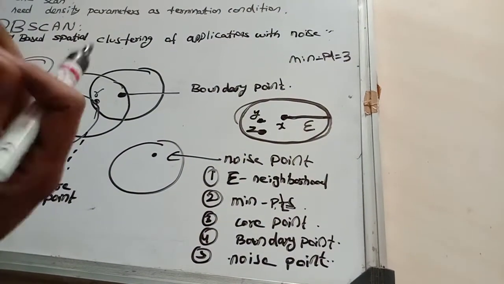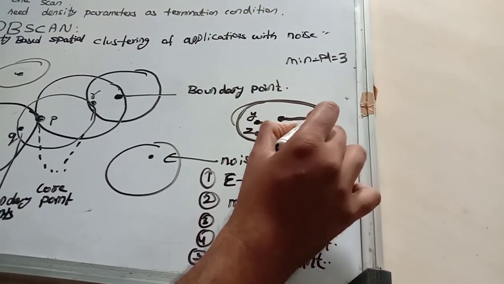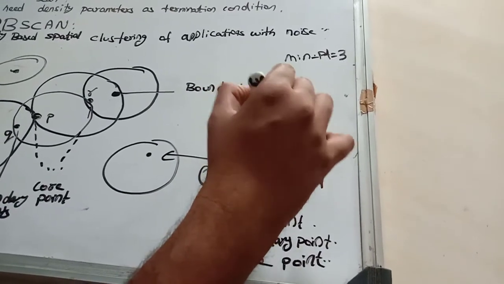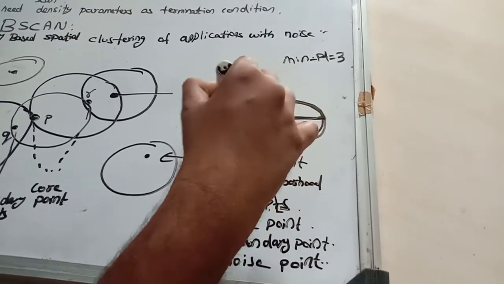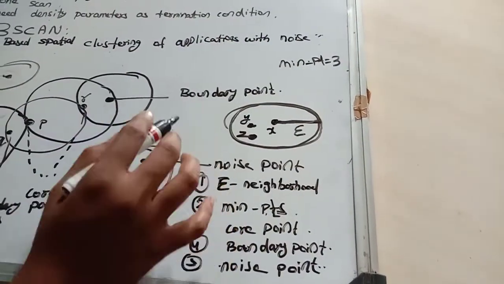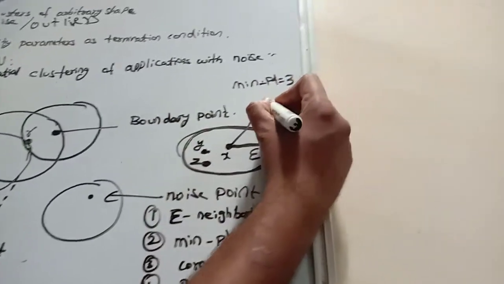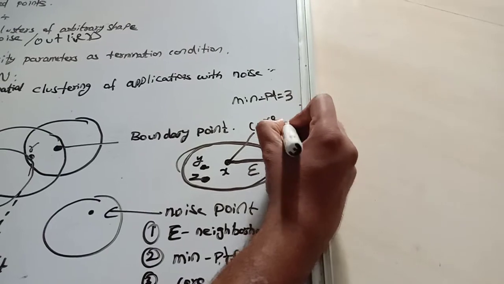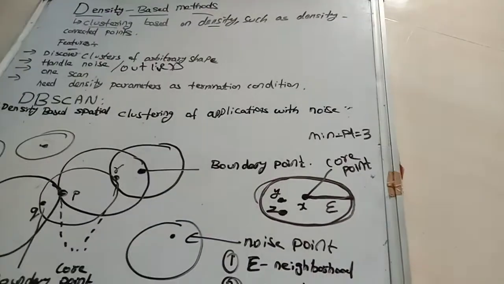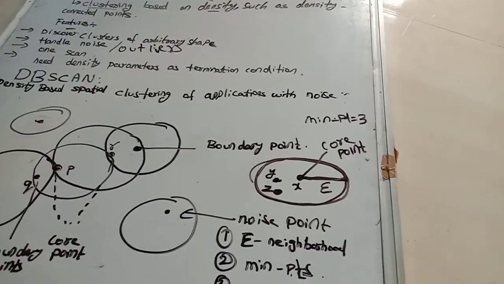If that condition is satisfied, that means x is the data point, I am taking some distance epsilon, I have drawn a circle, and it also consists of 3 data points including x. If the minimum points condition is satisfied, then we can say x is a core point. We will also understand what boundary and noise points are.